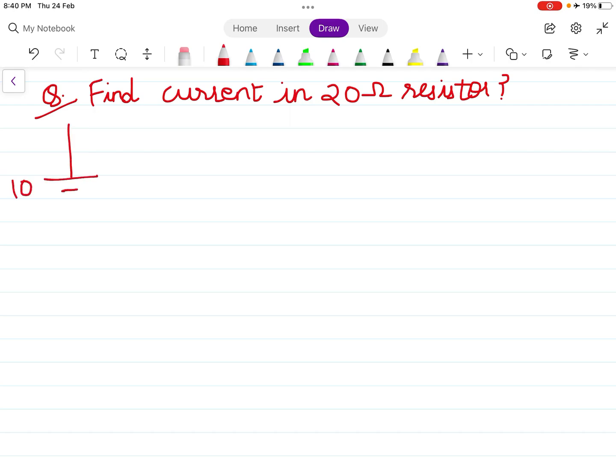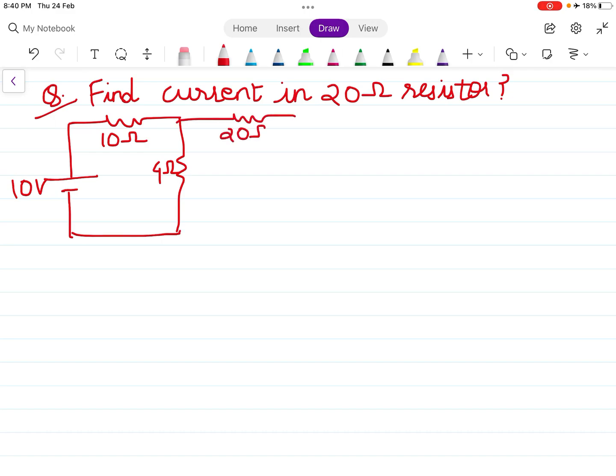This is 10 volt. This is 10 ohms. This is 4 ohms. Then this is 20 ohms. This is 8 ohms.